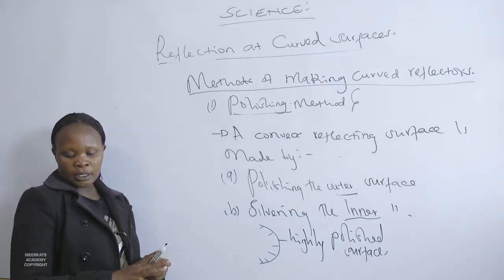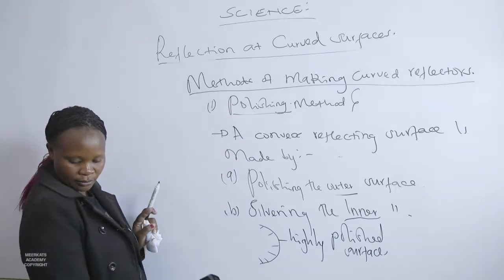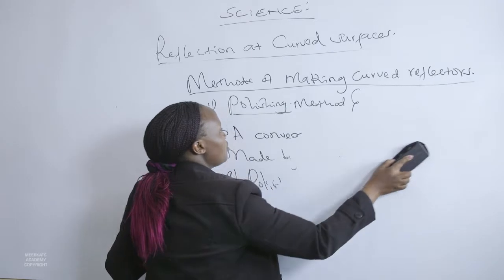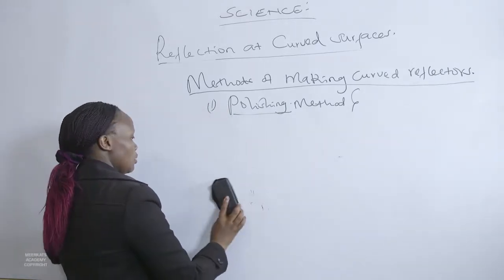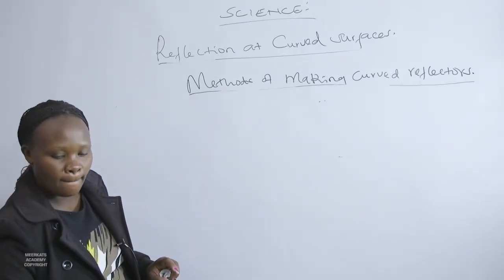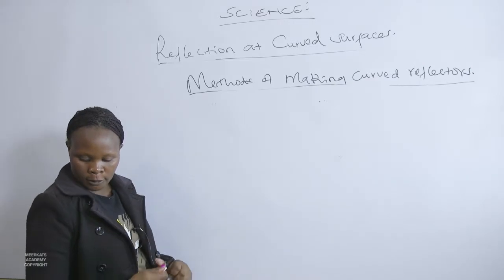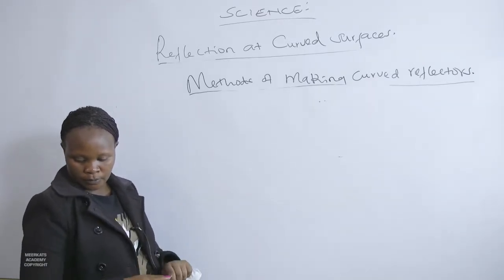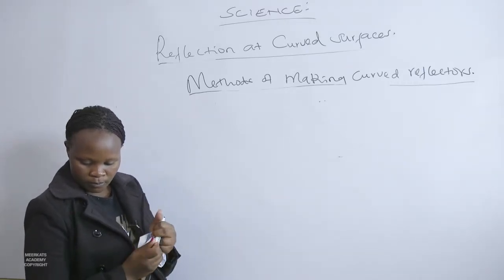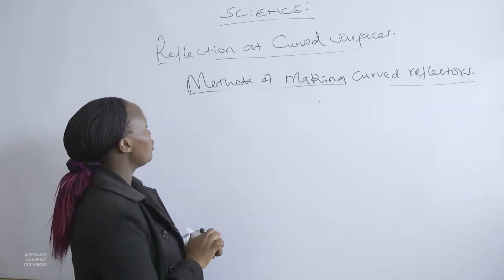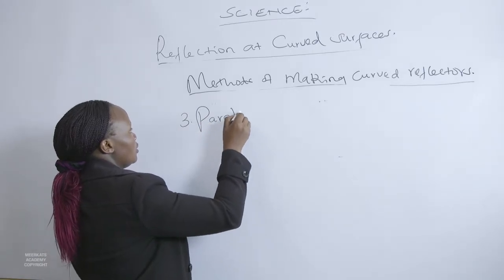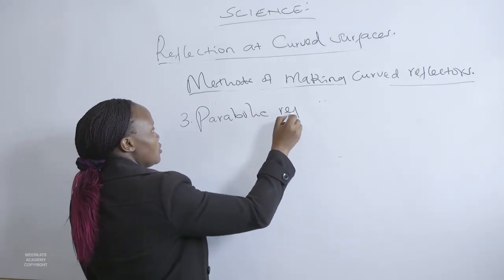Now, there is another one, the last type of reflecting surface, which we call parabolic reflectors.